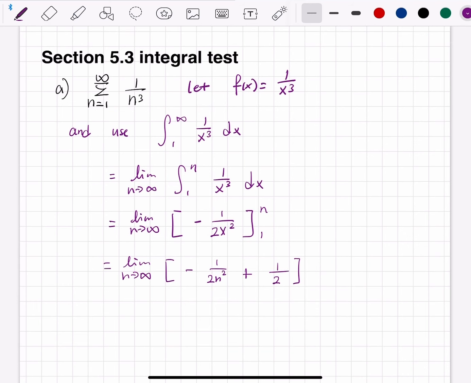The limit as n goes to infinity of 1 over n squared is going to equal 0. So this one will end up with 1/2. Because it's 1/2, that means this is an actual number. So this whole integral can be evaluated as a single number. It is not infinity or negative infinity. That means this one is convergent.